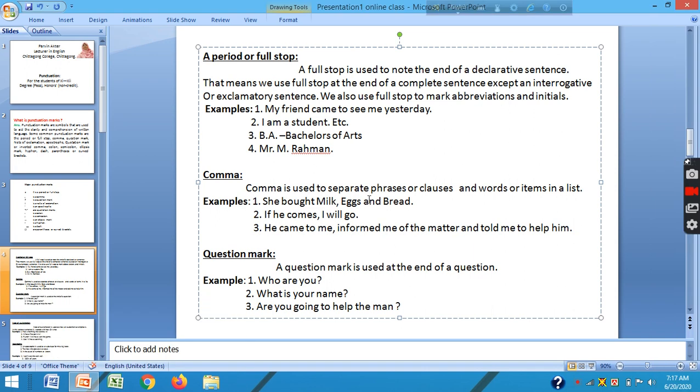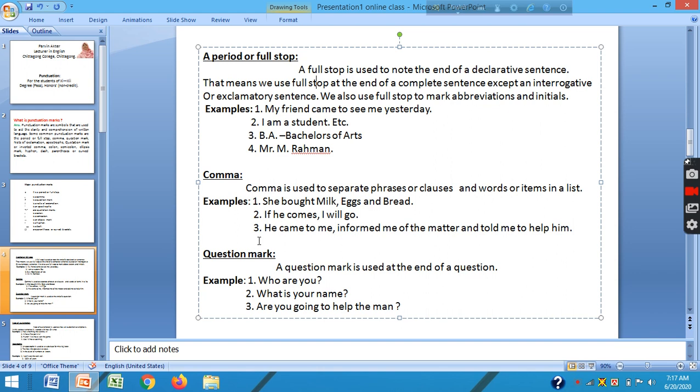Number 2, if he comes, I'll go. Here, these two clauses are separated by the use of comma. Number 3, he came to me, informed me of the matter, and told me to help him. Here also you can see each phrase is separated by the use of comma.